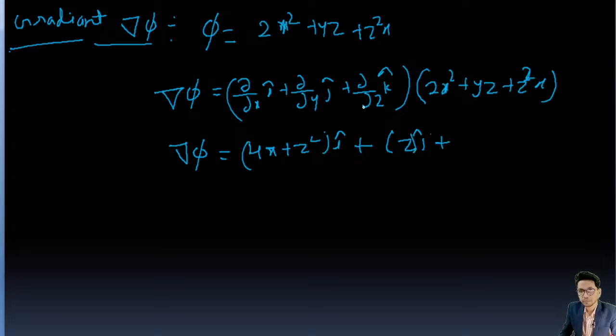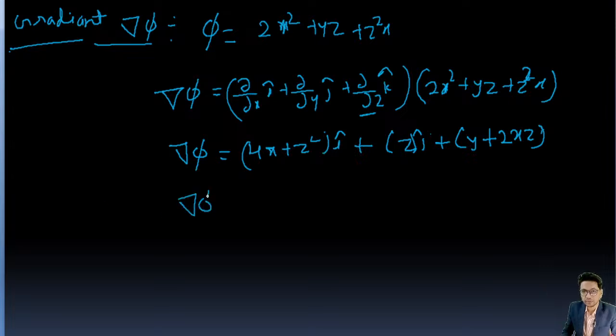Plus, we'll operate this one with this. This is 0, there is no z term, and there is z, so it's y plus 2xz, right?